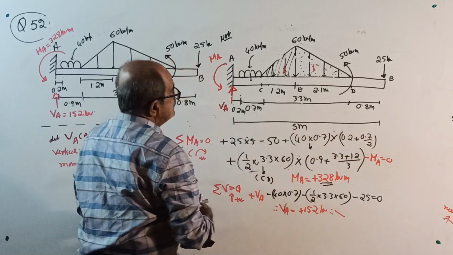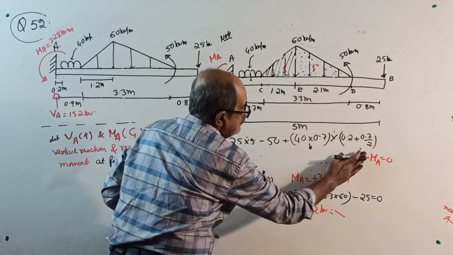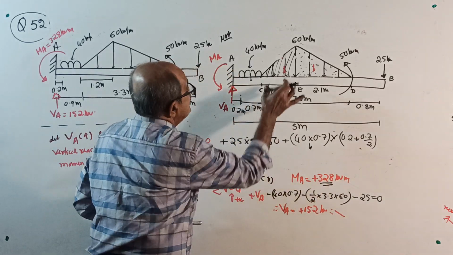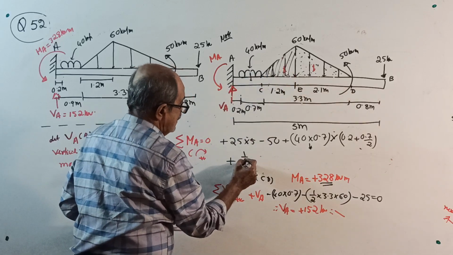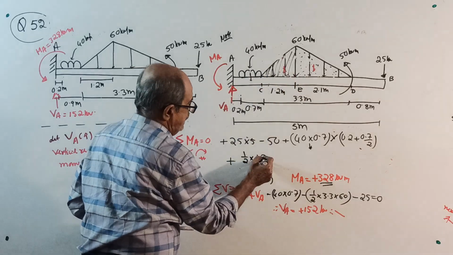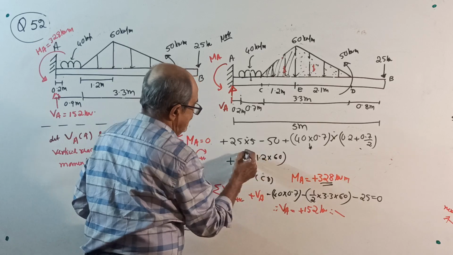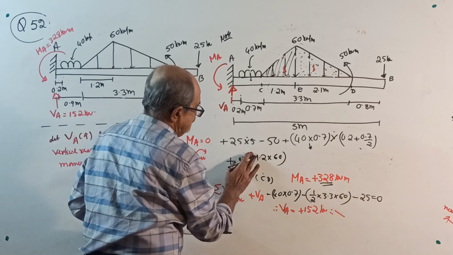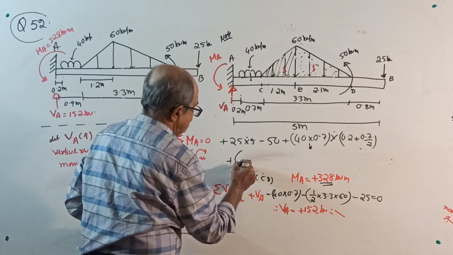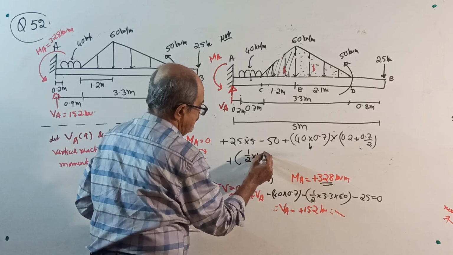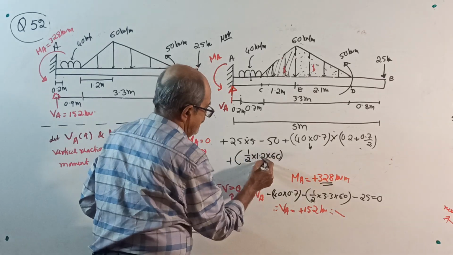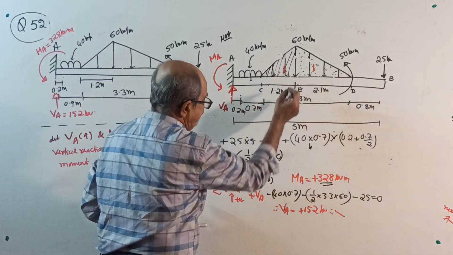This load first you write separately. See, then this load is half into 1.2 into 60, that is the total load from C to E.